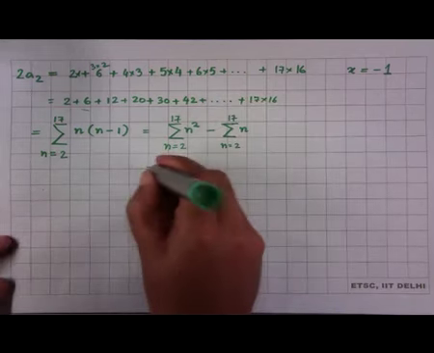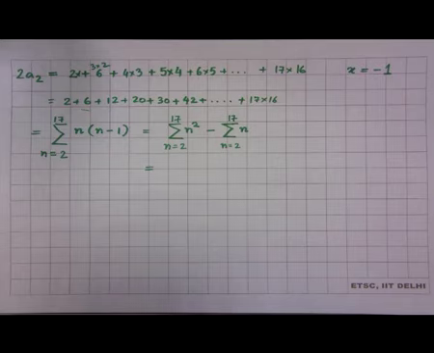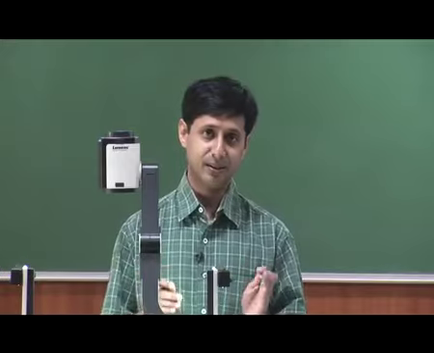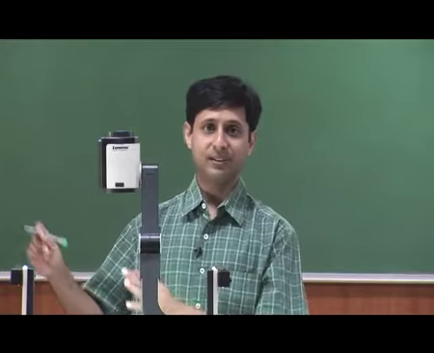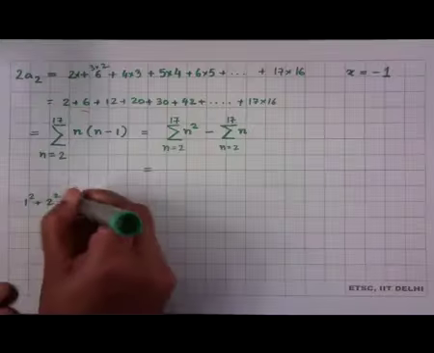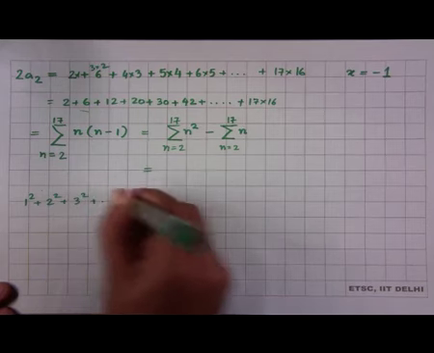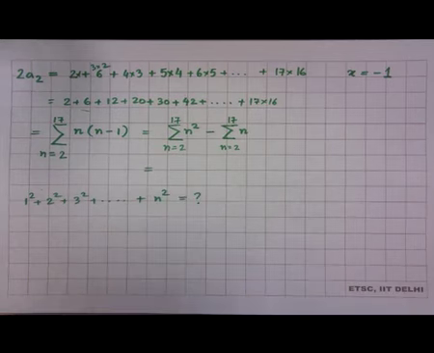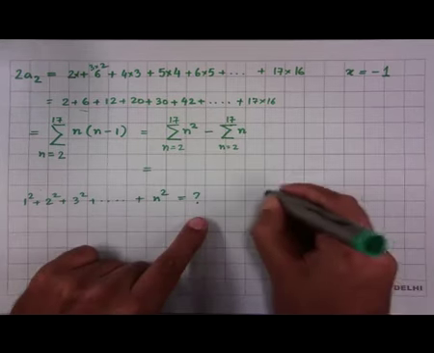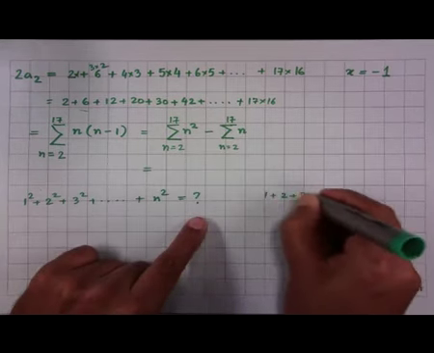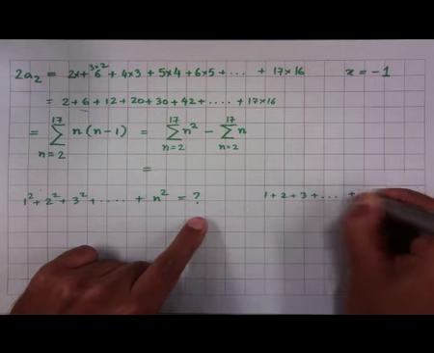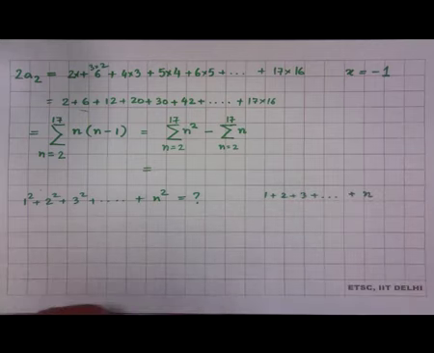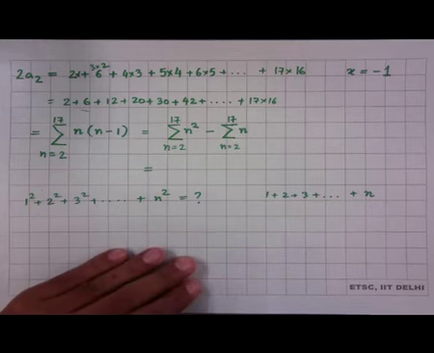And what is sigma of n squared? Do you know how to do sigma of n squared? 1 squared plus 2 squared plus 3 squared. How do you do it? Do you know what is sigma of n? How do you do it?